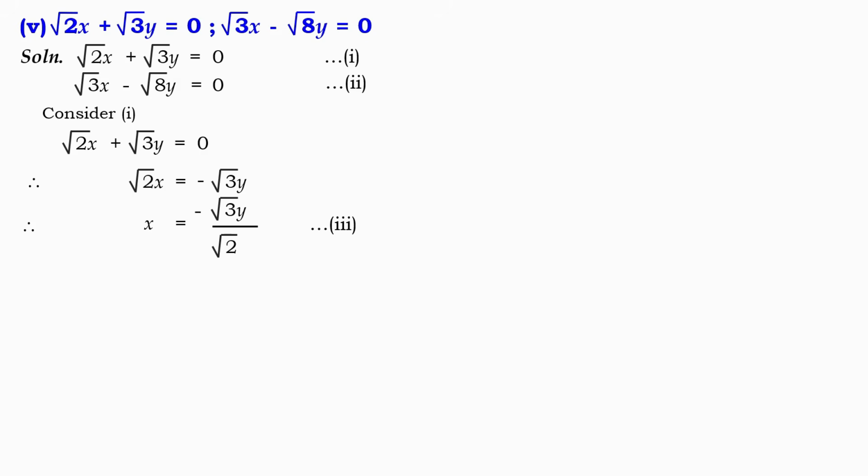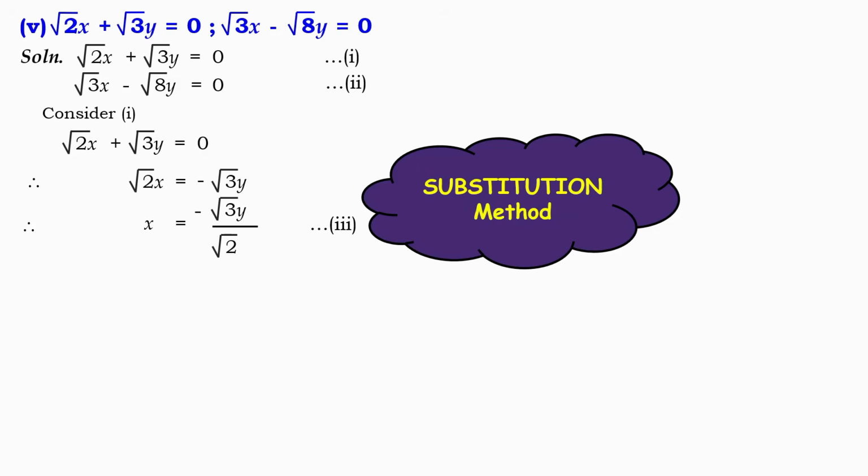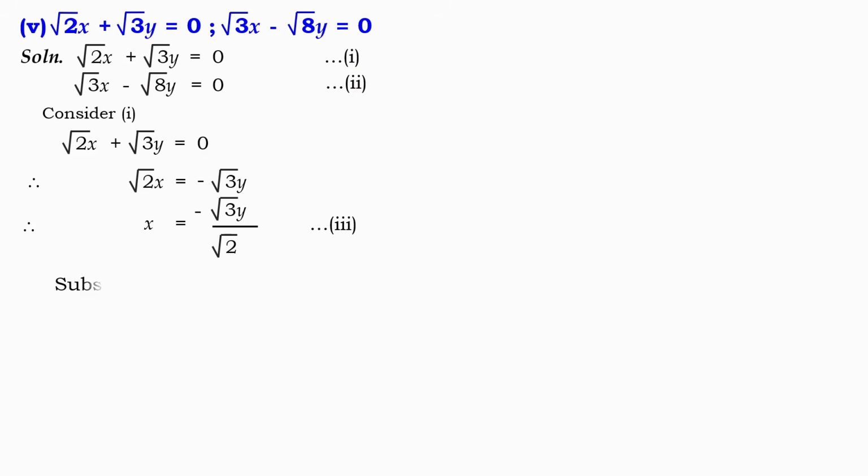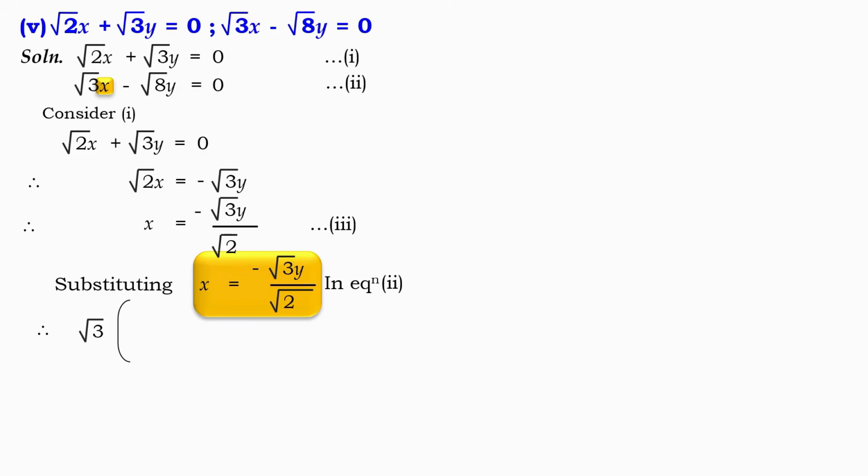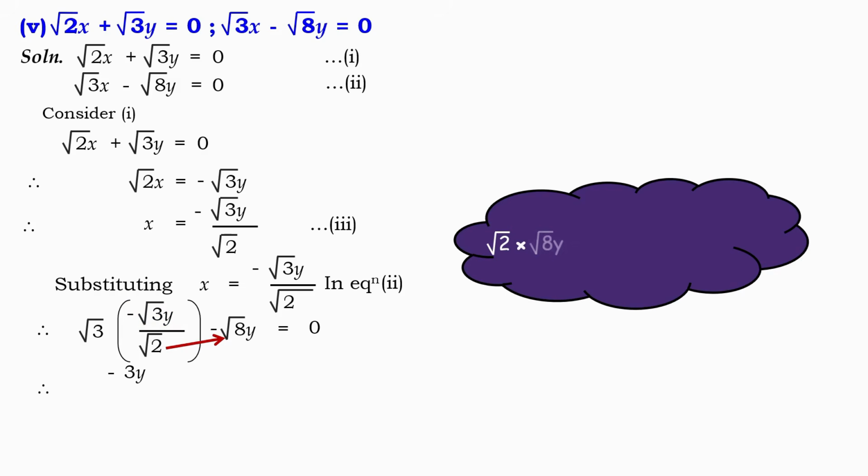Now substitute this value of x into equation 2. Equation 2 is square root of 3 x minus square root of 8 y equals 0. Substituting the value of x from equation 3, we simplify the expression. After simplifying the terms, we get minus 7y equals 0.